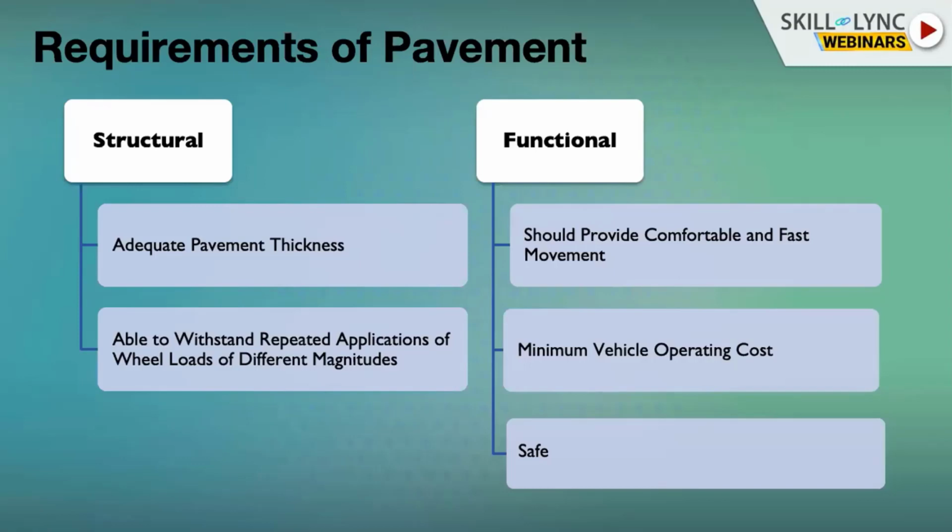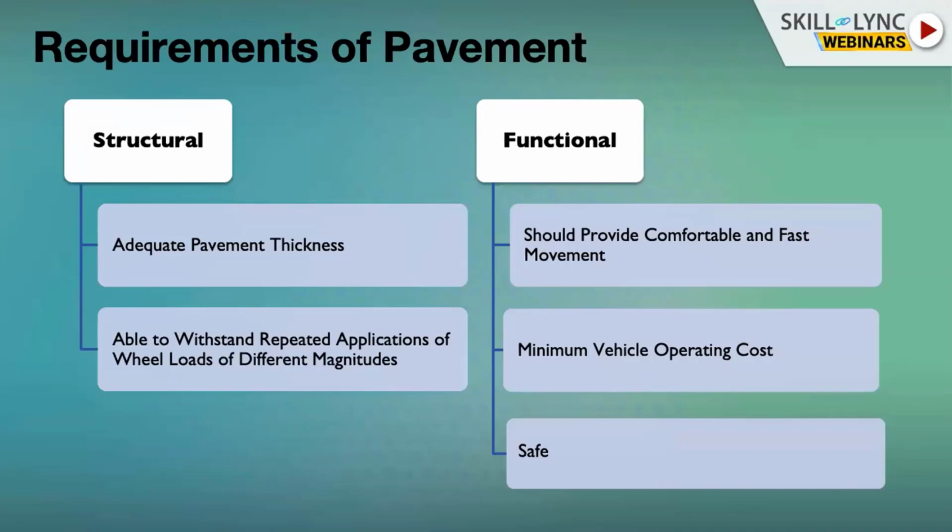And the second functional requirement is that my total vehicle operating cost should be as low as possible. I think all of you know the major component of vehicle operating cost is the fuel. If your road is not good, if it has so many potholes, or some ravelling or rutting, any distresses, obviously you have to slow down the vehicle, and accelerate and decelerate so many times.